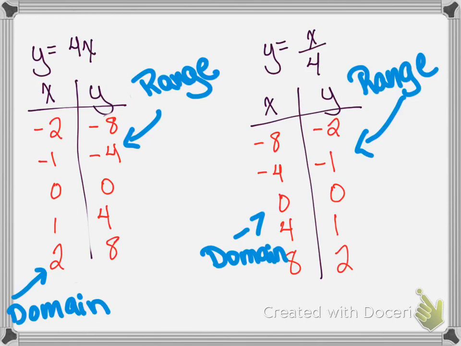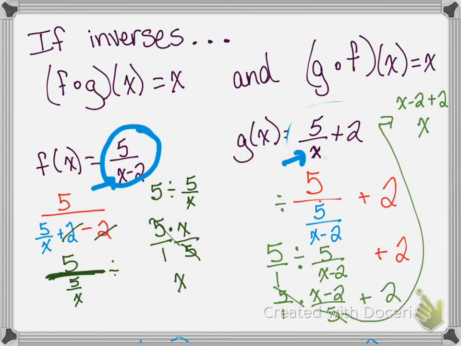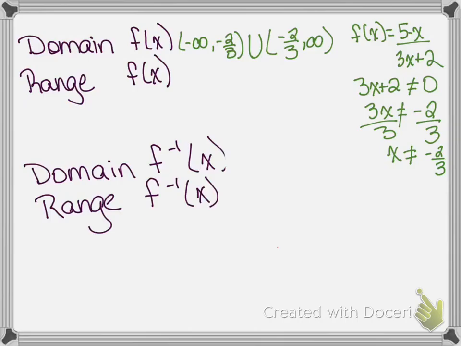Here's my domain for f of x. Where does it show up on the inverse? The range. So the domain of my function is the range of my inverse. So that's going to be negative infinity to negative 2/3, negative 2/3 to infinity.